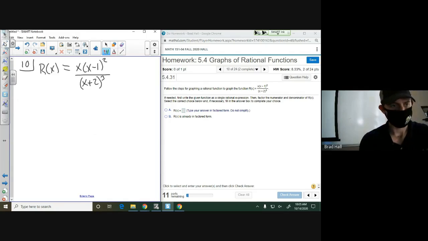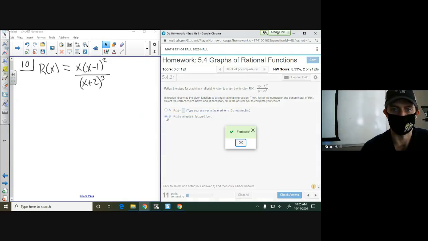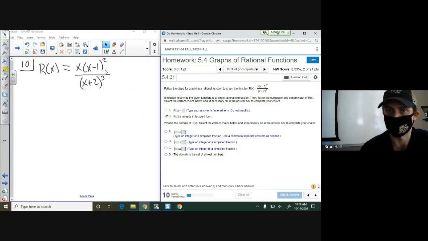We start off by giving the function in factored form, which you may already notice, it is in factored form. Everything's factored already. So that part's easy.